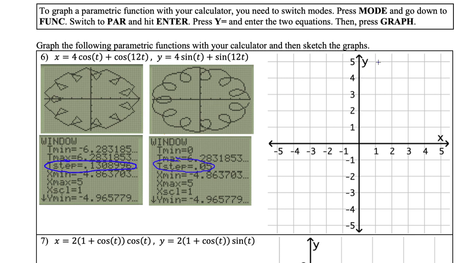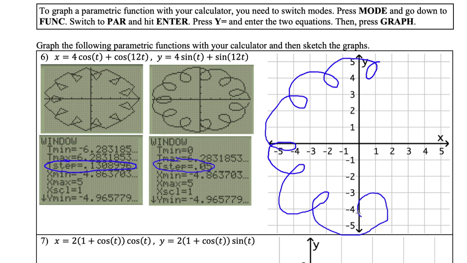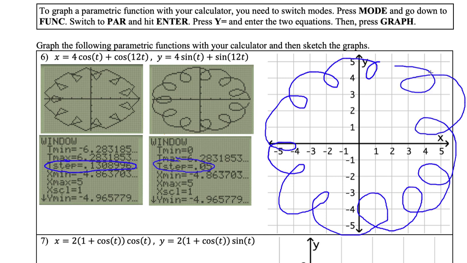I see a loop-de-loop that goes right there, right there. It has to go right through the center, right there, and then back. Oh man, maybe you'll do a better job, but there it is.